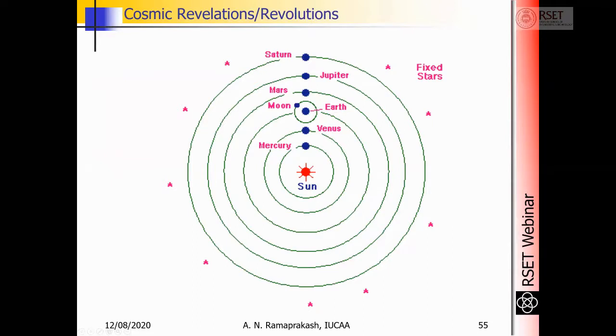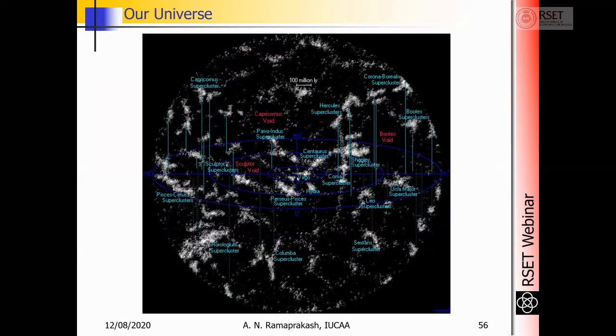So we are nothing special in this scheme of things. That whole worldview of what our universe looks like completely changed when we started looking at celestial phenomena using telescopes. Today, what we believe is that our universe looks something like this, where we are sitting at the middle of this.